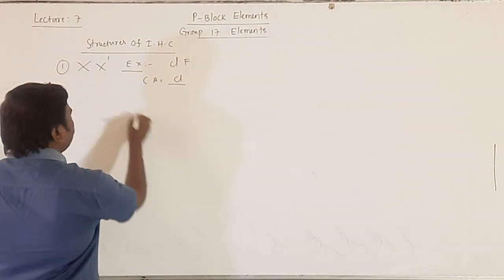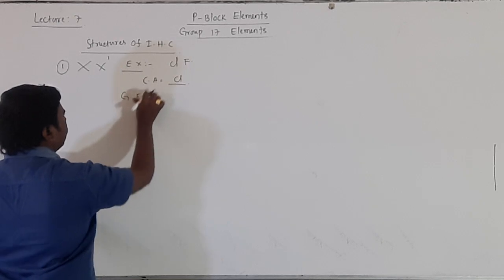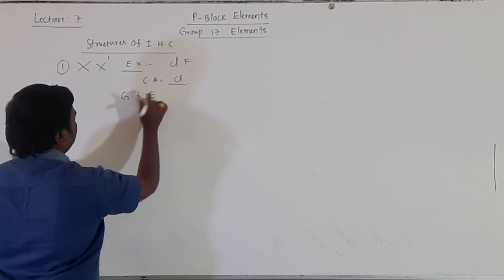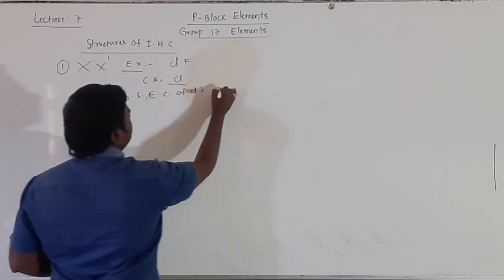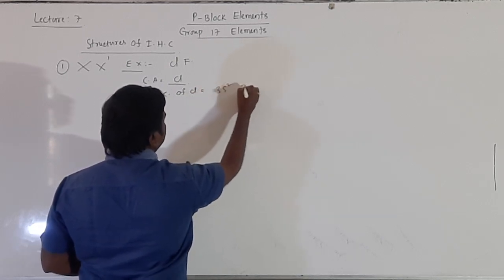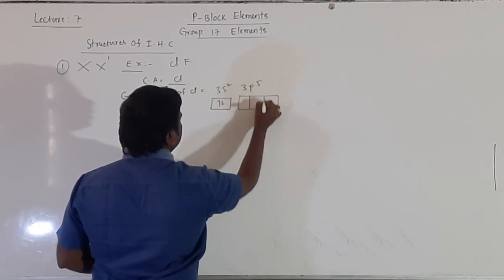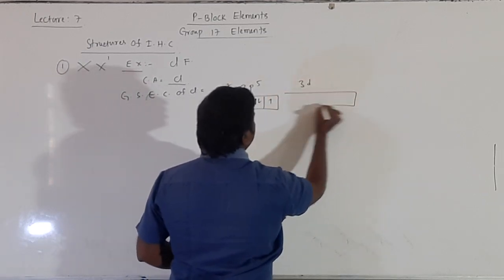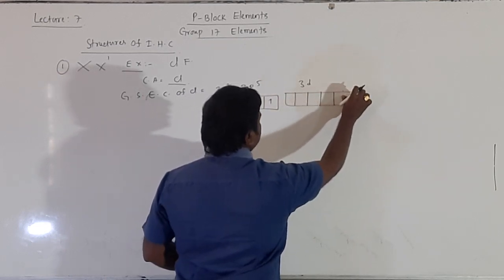Ground state electronic configuration of chlorine is 3s2 3p5. s contains 2 electrons, p contains 5 electrons, and in 3d there is no electron. That's it.